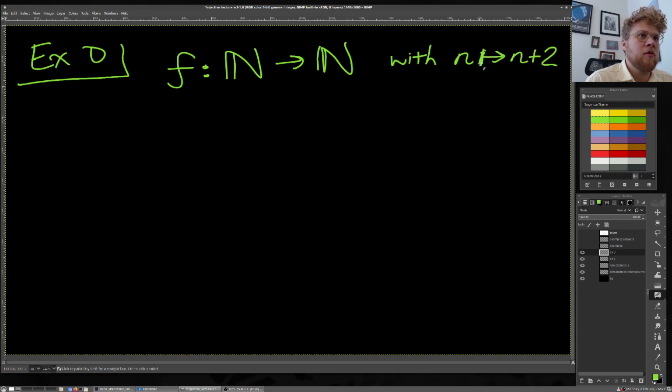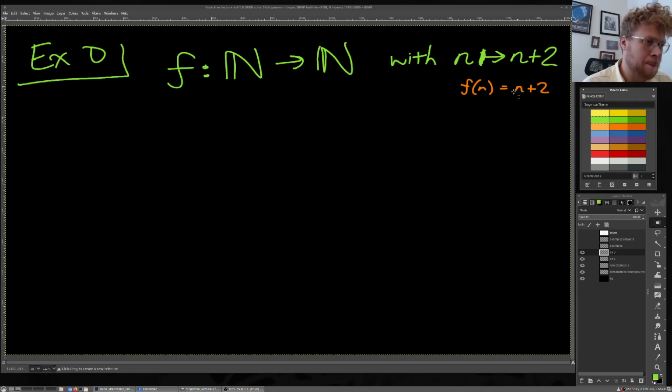So remember, this showed up on the previous slide, but this particular symbol here means maps to, and it's absolutely equivalent to writing f of n equals n plus 2. I just want to get you familiar with both of the ways of communicating that. So these two statements are completely equivalent.